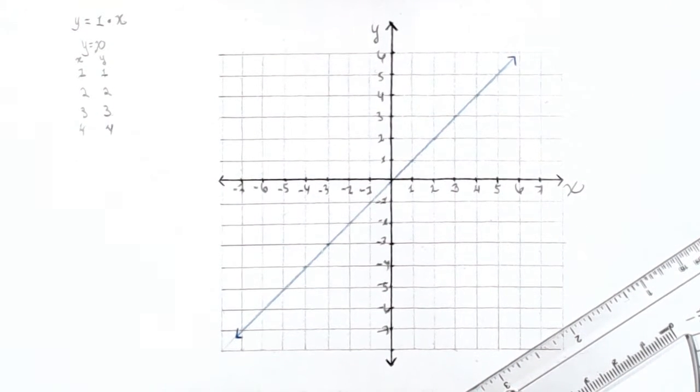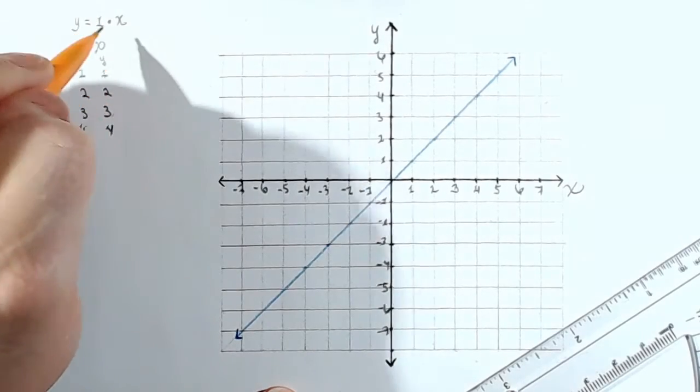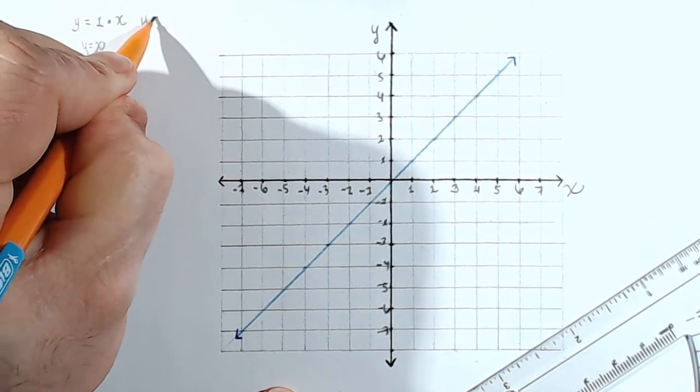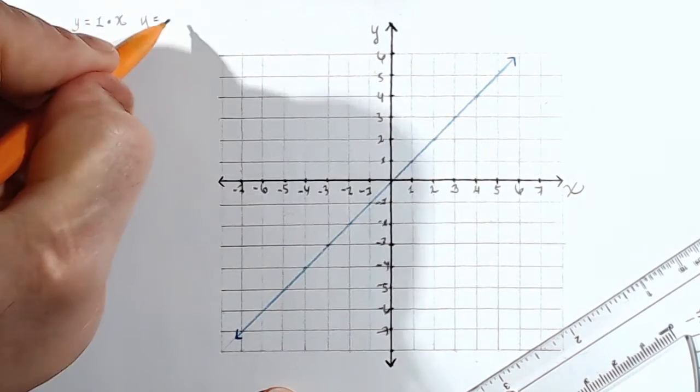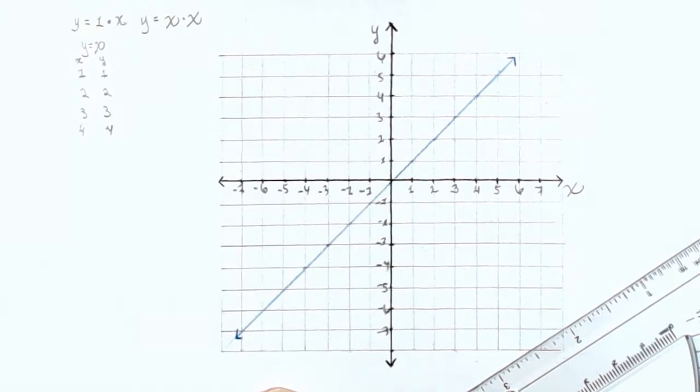Okay? So now I'd like to ask you a question. Let's make a table, y equals x times x. Okay, so my y value is found by multiplying my x value by itself.